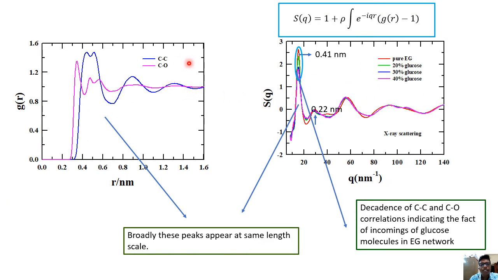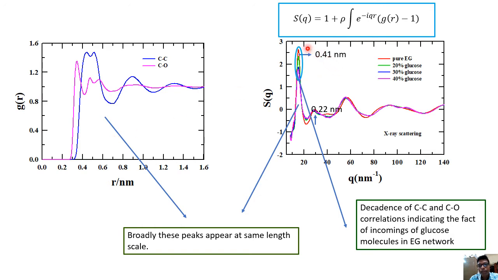Here we present the RDF of carbon-carbon and carbon-oxygen atom pairs. And this is the static structure factor of ethylene glycol in pure form and in solutions also. We can see that the principal peak appears at 0.4 nanometer, which almost falls in the same length scale as the peak maxima of carbon-carbon and carbon-oxygen RDFs.